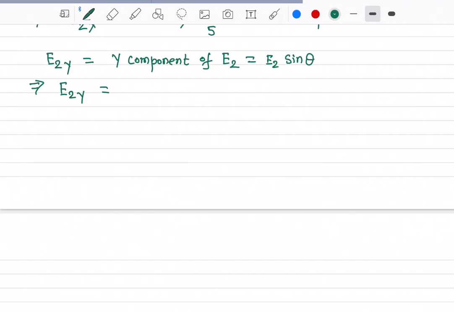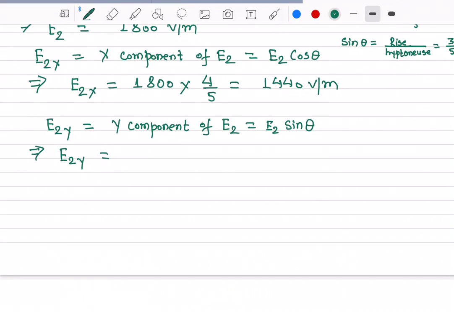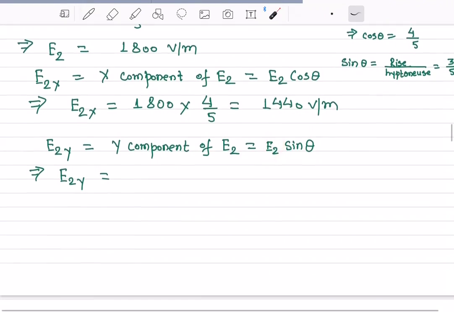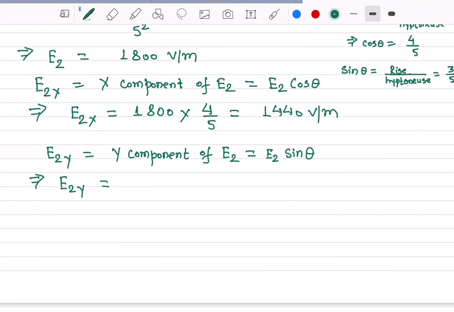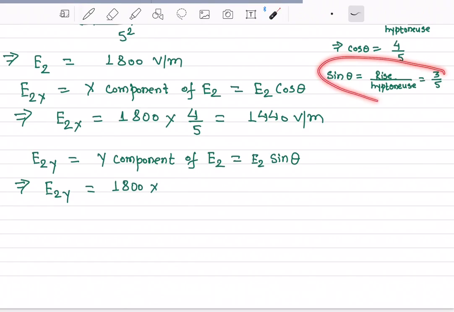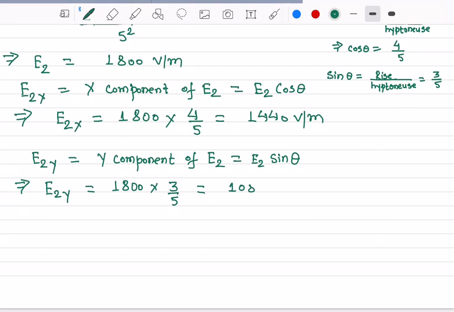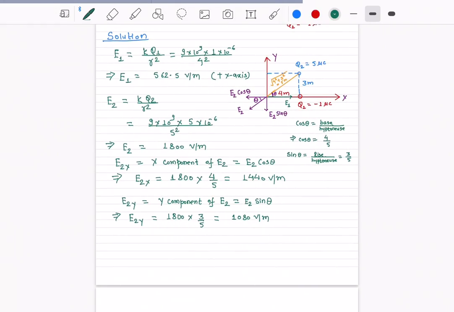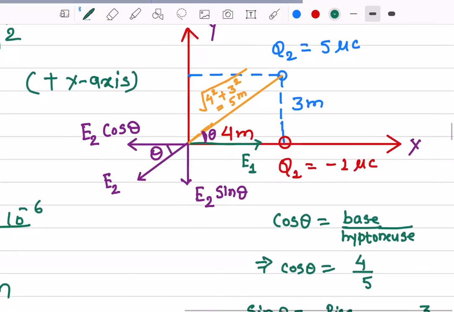Let's plug in all the values. E2y. The value of E2 is 1800. And sine theta is given by 3/5. So sine theta is 3/5. If we solve it, what we get is 1080 volt per meter.